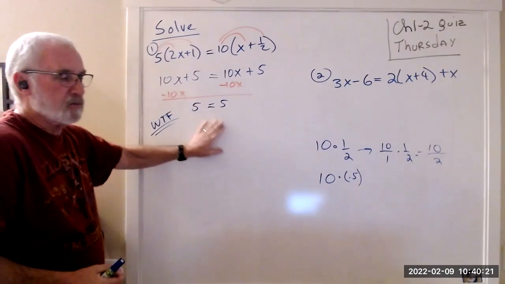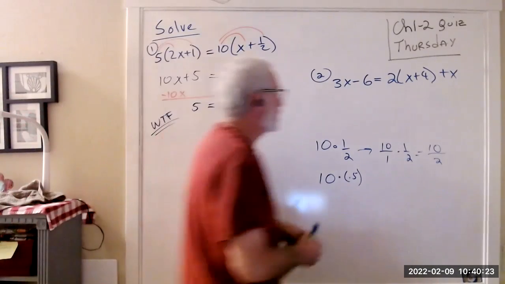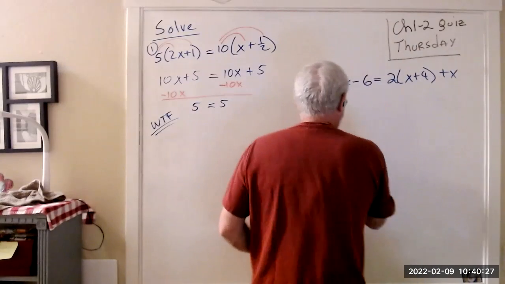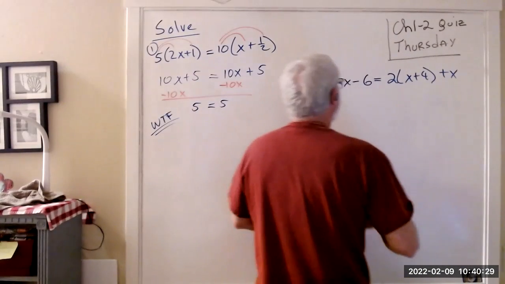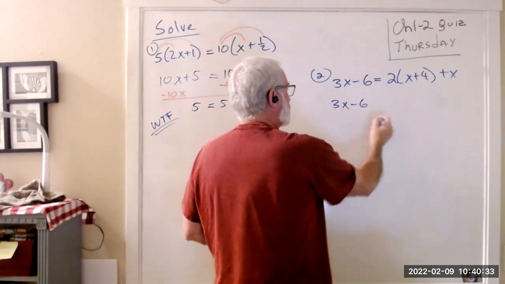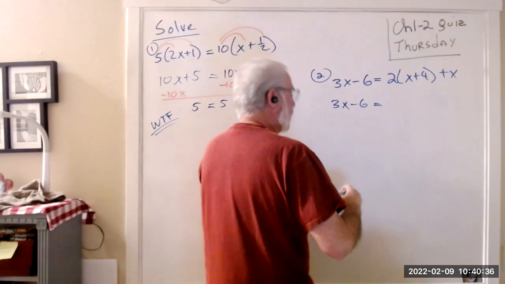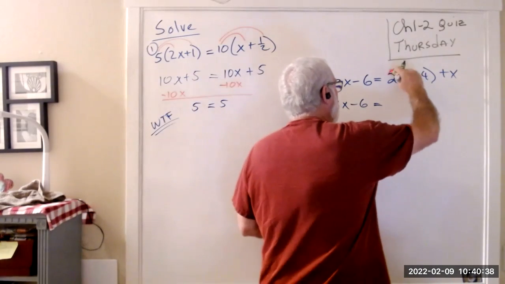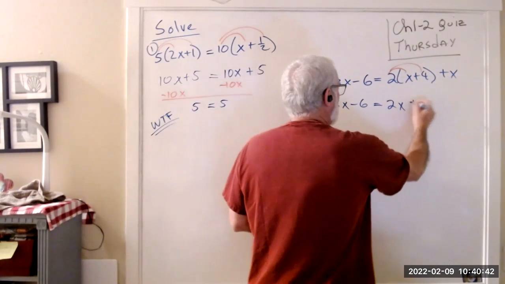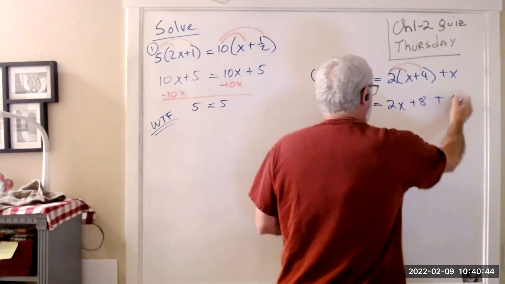Okay, so something weird is happening. So let's come back over here. Same thing. There's nothing to do here, so we leave it as 3x minus 6 equals. We're going to distribute the 2 into here. So that's going to give me 2x plus 8 plus x.